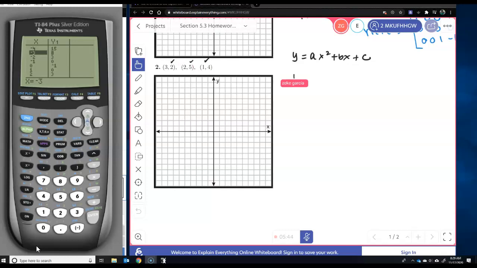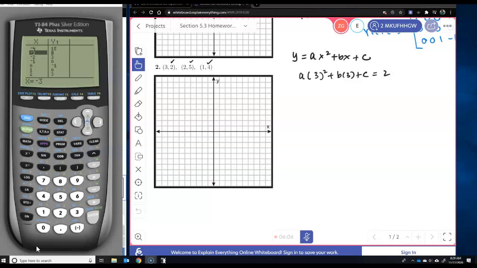So we have a times 3 squared plus b times 3 plus c is equal to 2. Remember, the x coordinate is going to be 3.